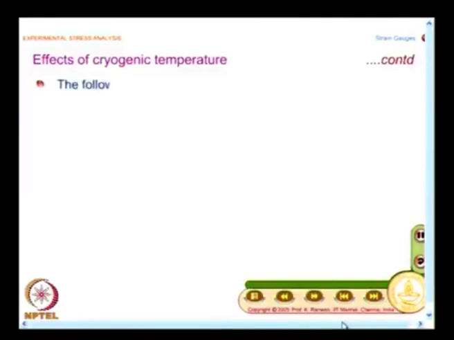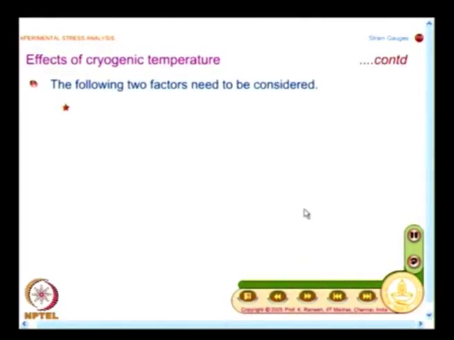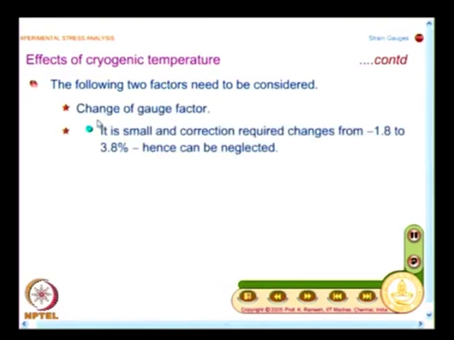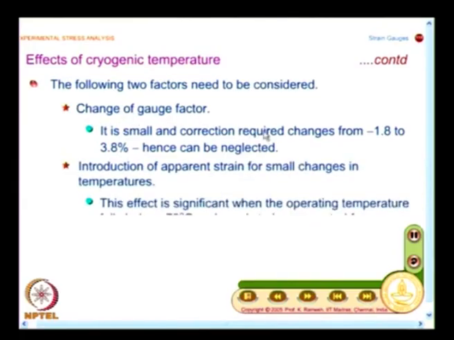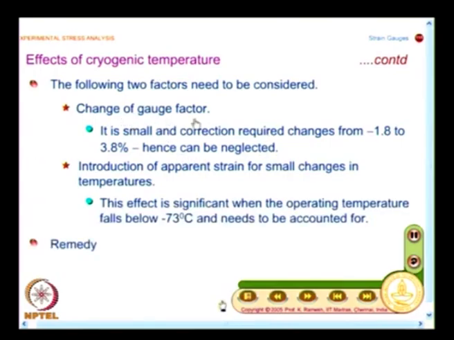And there is also another interesting feature when I come to cryogenic temperature. You have a possibility of change of gauge factor, but that possibility is very small. So, you do not have to worry about change of gauge factor. But the other difficulty is the error in strain measurement can be very large when you work below minus 73 degree centigrade.